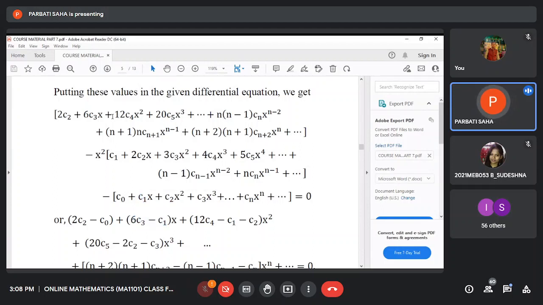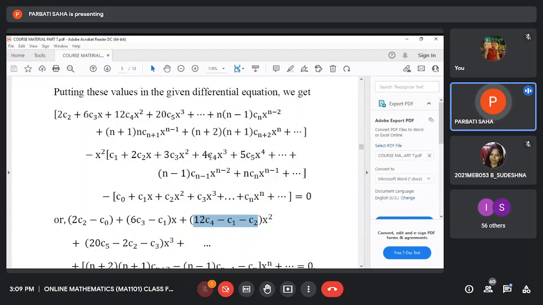Similarly, x square. This is the term containing x square. Again you see minus c1 x square. There is another term containing x square, minus c2. So we combine all the terms containing x square like this. Similarly, x cube: in the first expression 20c5 is the coefficient of x cube.